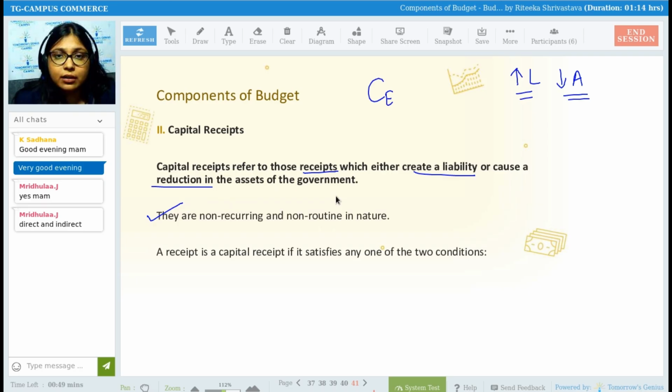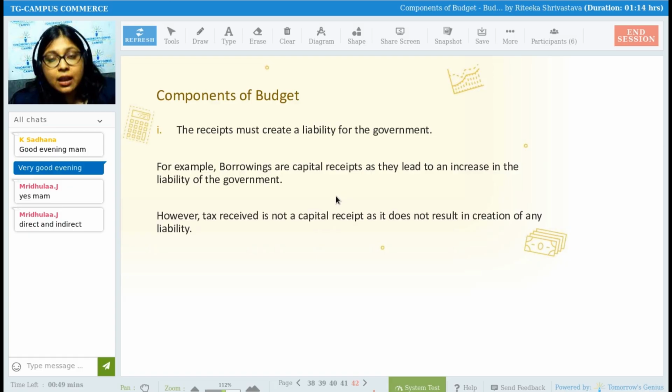When I showed you the flowchart of revenue receipt and capital receipt, I said revenue receipts are recurring in nature, whereas capital receipts are non-recurring or non-routine in nature. Non-recurring means it does not repeat in the economy very frequently. A receipt is a capital receipt if it satisfies either of these two conditions.